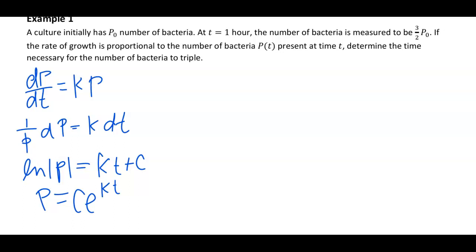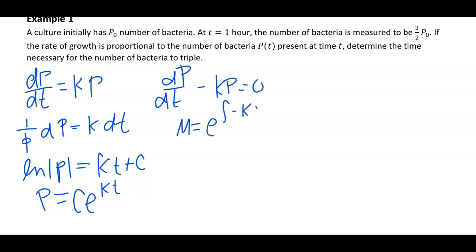You can also solve this with a linear method by subtracting kP to the other side. If we do that, we end up getting that mu is e to the integral of negative k dt. So negative kt is our integral here.